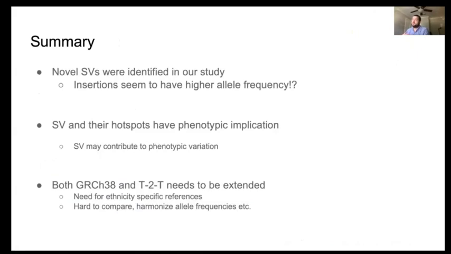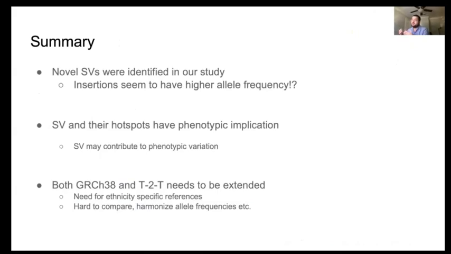So to summarize my talk, what have I shown? We could show novel structural variants with the utilization of long reads. We could show long reads being used cost efficiently and streamlined in large population studies. We could identify interesting phenomena around insertions having a higher allele frequency than deletions, maybe because it's in the same population where we are studying them.